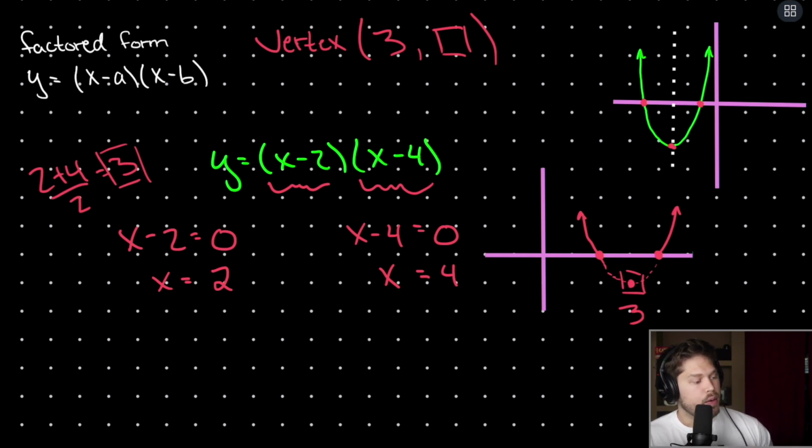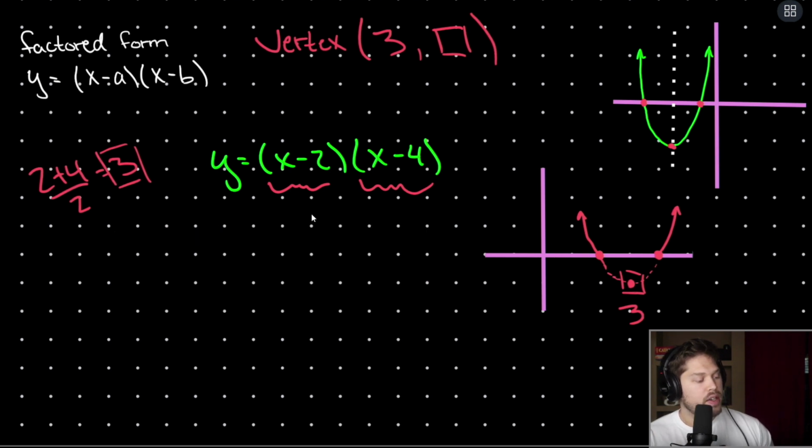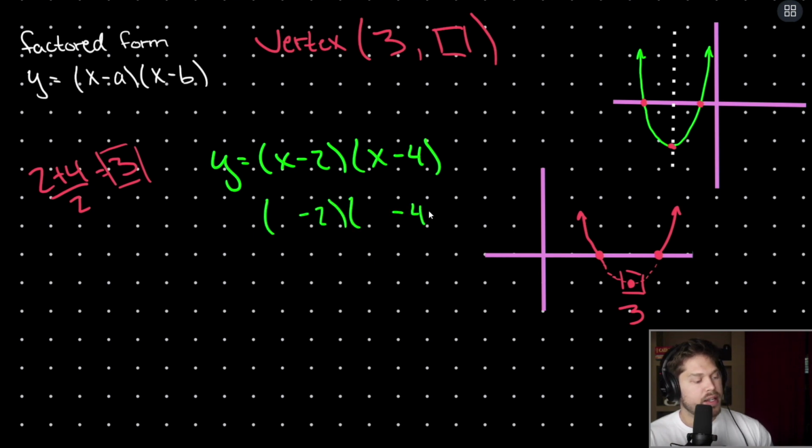So to find the y value, here let's clear this up a little bit. To find the y value, we're simply going to plug in our x value into our equation, just like we did in the standard form version. So we have, and again, you know me, I like getting my colors right, so I use this red color. So we have 3 minus 2 times 3 minus 4.